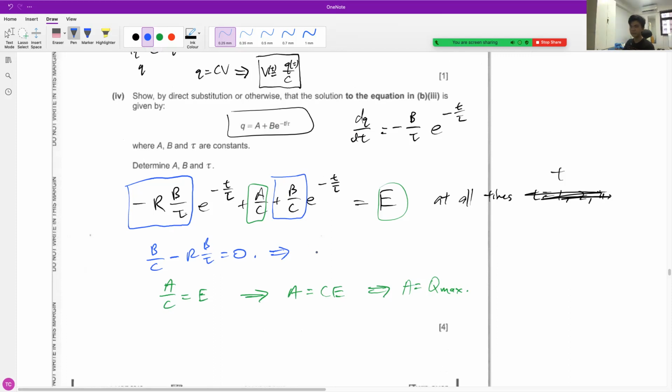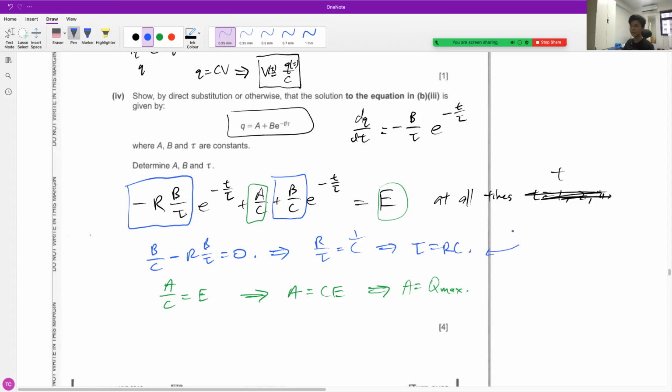So b actually cancels out in this equation, and we get r over tau equals 1 over c. And that gives us tau equals RC. Yeah, that makes sense.